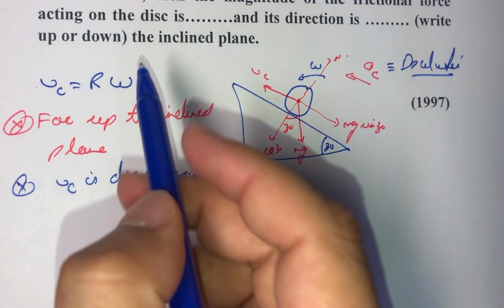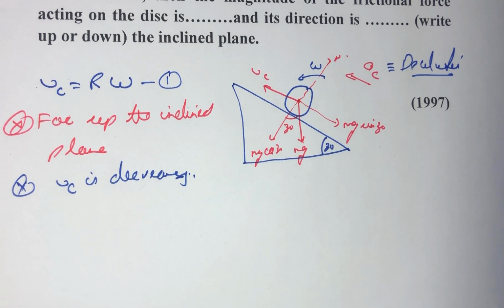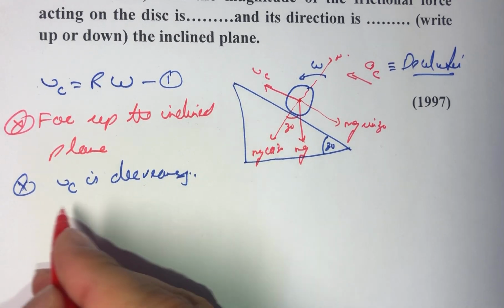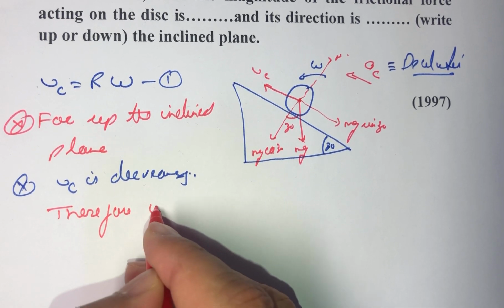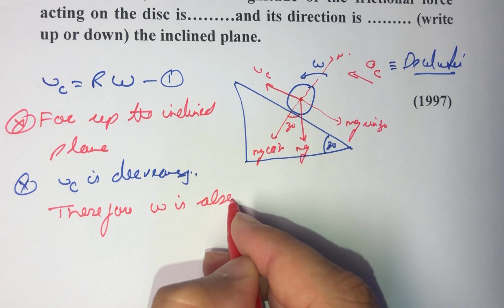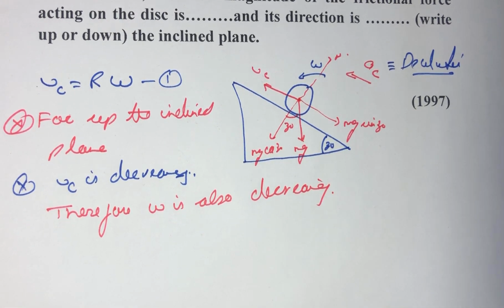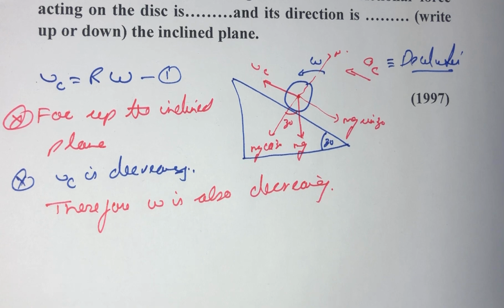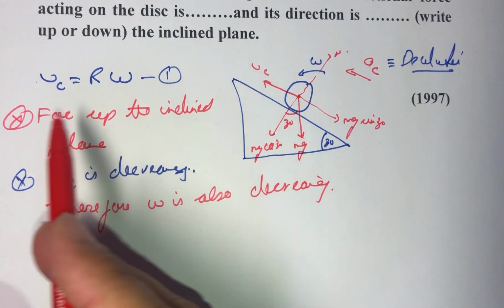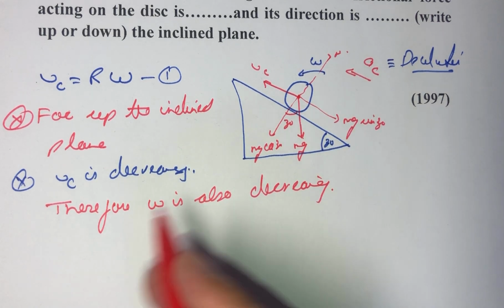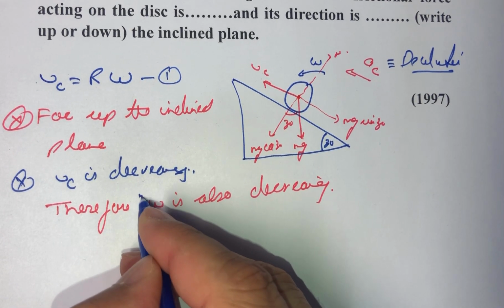Therefore, according to equation 1, because the radius is fixed, omega is also decreasing, and this decrease is so that equation 1 maintains its sanity.